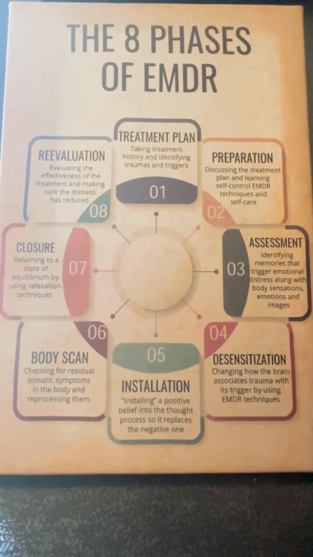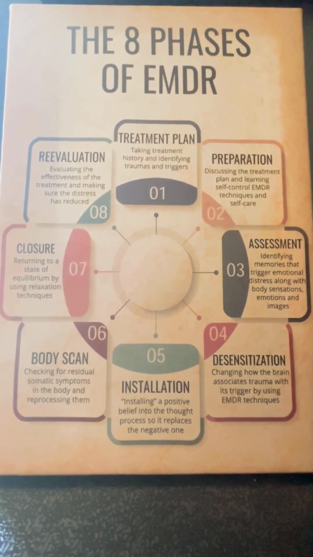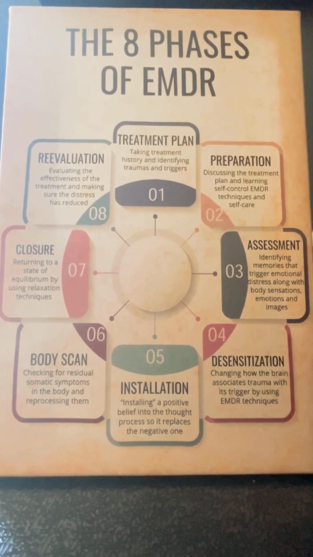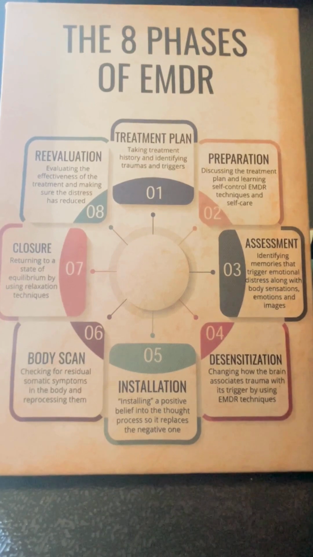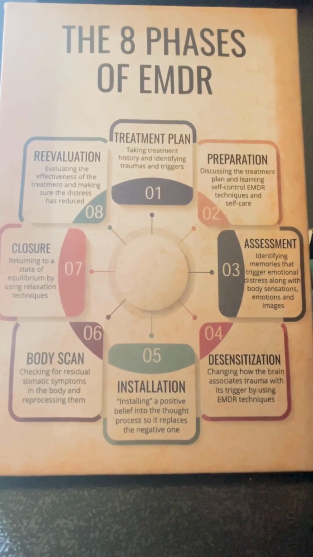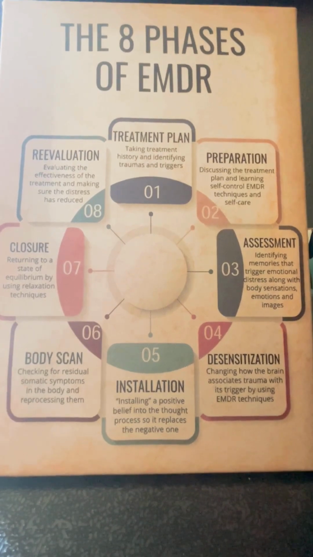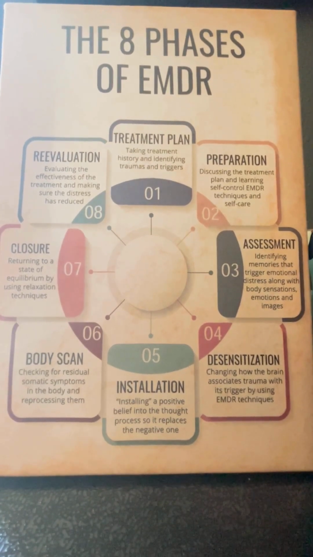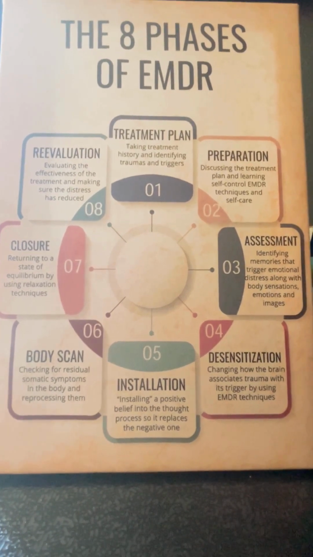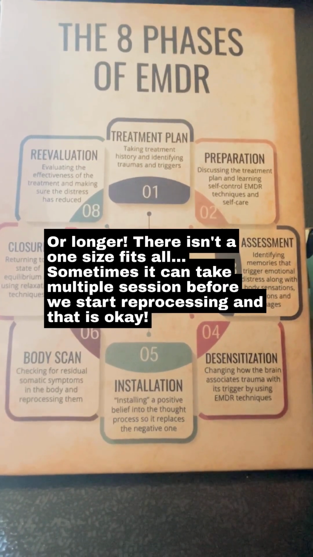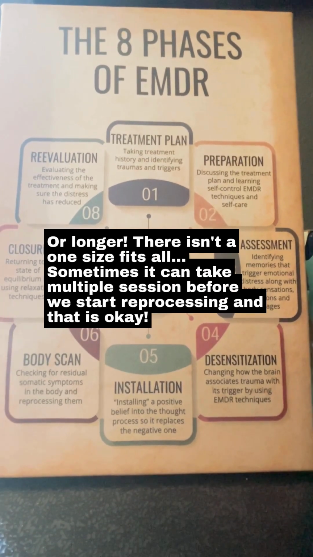So when we talk about EMDR, honestly, stages 1, 2, and 3 are probably the fastest stages, but they are also the most important because they set the groundwork for what we're going to be working on and addressing. So for me, I like to get to know the full picture. Getting through these stages might take anything from 1 session to 3, but my average is about 2 sessions.